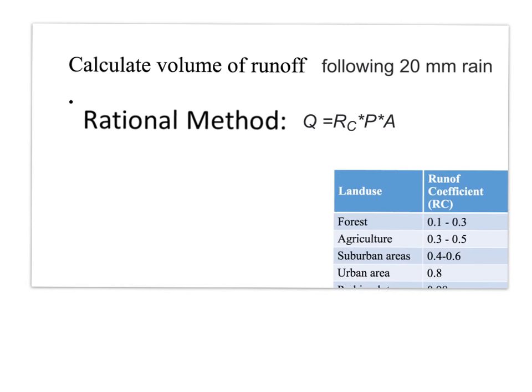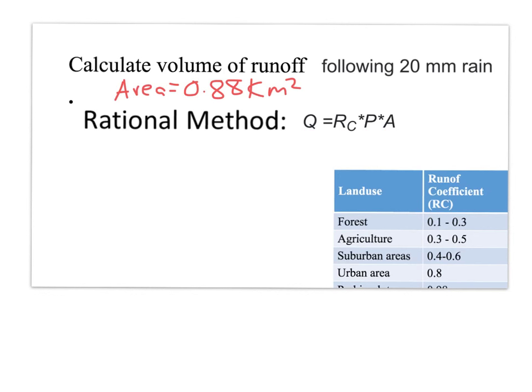So we'll do an example here. Imagine we want to calculate the volume of runoff following 20 millimeters of rain from our little watershed that we've just found the boundary of. We know the area of the watershed is 0.88 kilometers squared, and our precipitation is 20 millimeters.